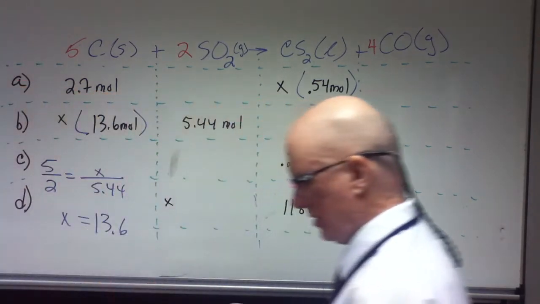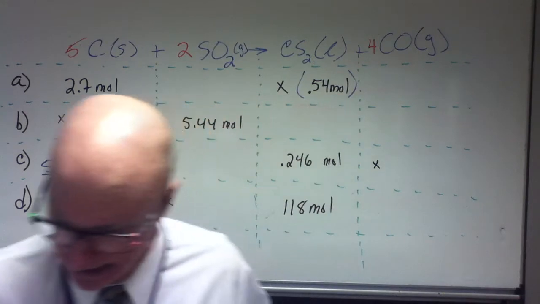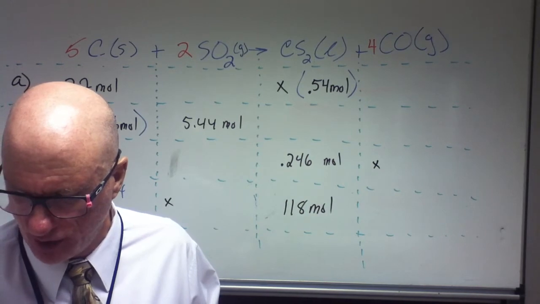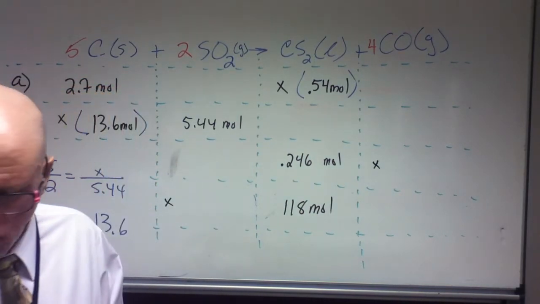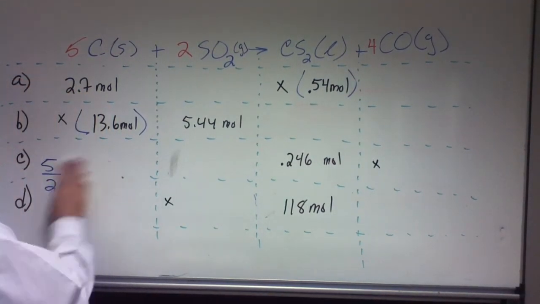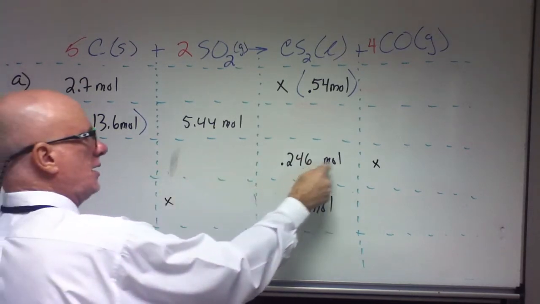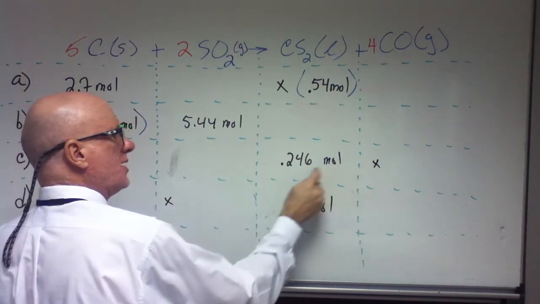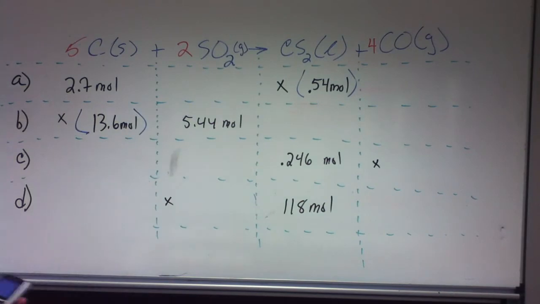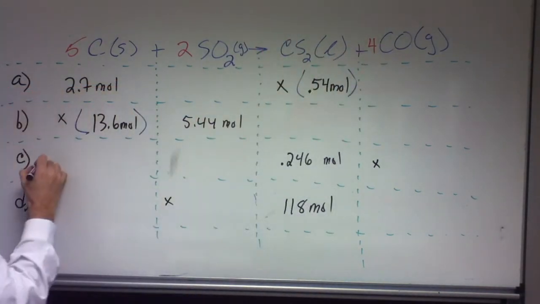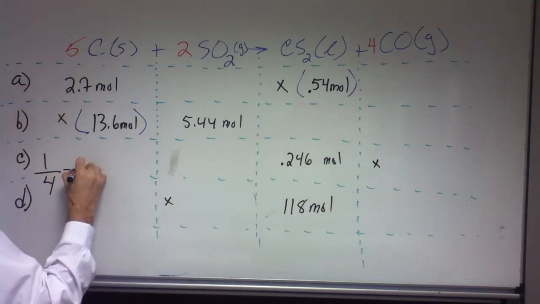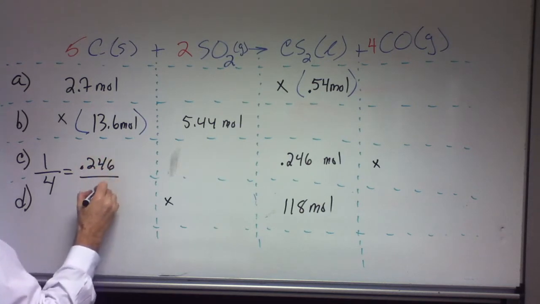All right, good. Next, C says, how many moles of carbon monoxide form at the same time that 0.246 moles of carbon disulfide forms? Let's look at that one. So again, it's going to be 1 to 4. 1 to 4 equals 0.246 over x.